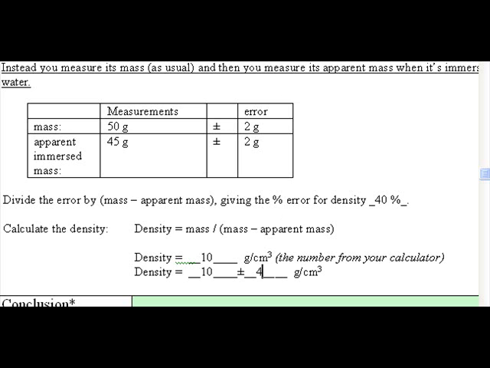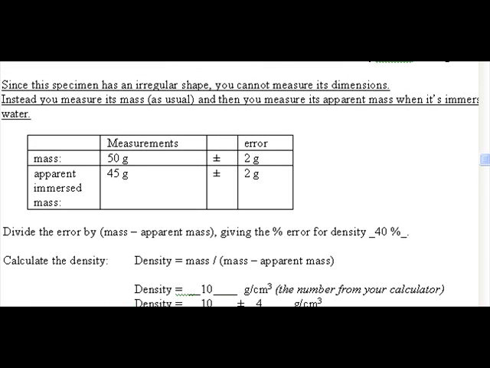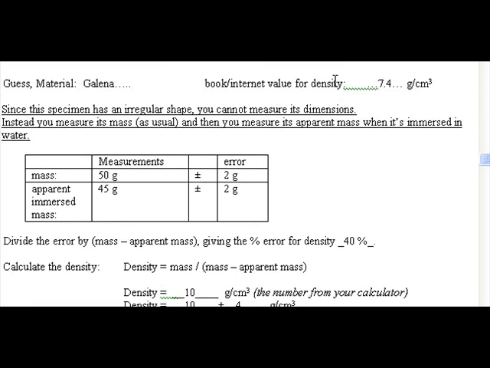And now I say that, well, I have to zoom out a little bit. Hold on. Okay, that may work a little better, comparing the book density of 7.4 grams per cubic centimeter to the density that I calculate of 10 plus minus 4 grams per cubic centimeter because of that relatively large error. Again, I'm in the ballpark.